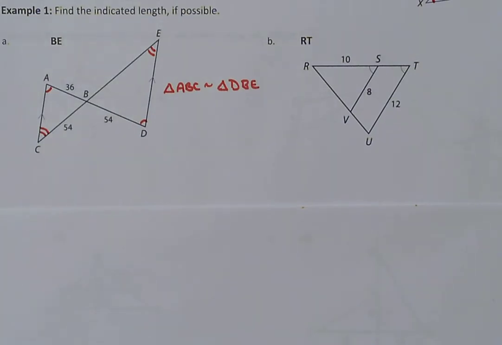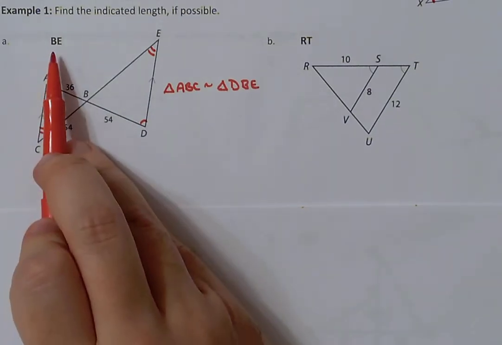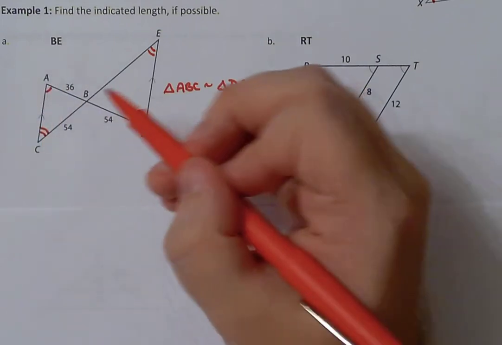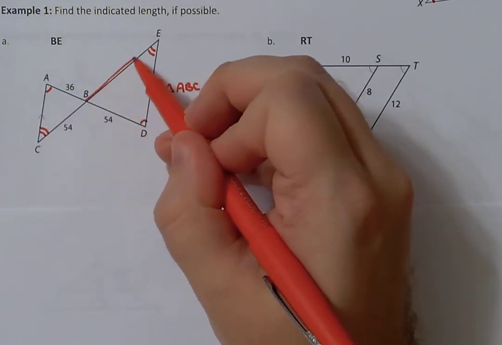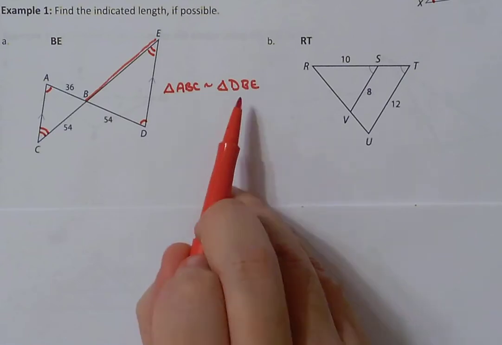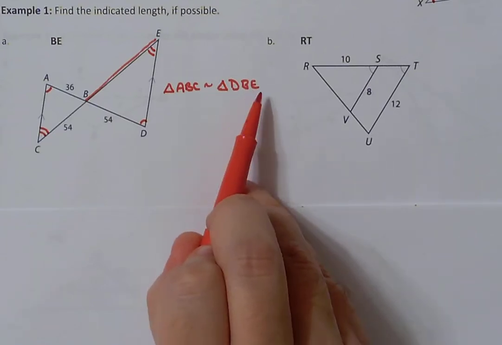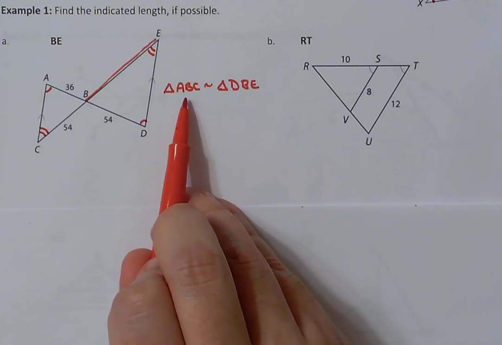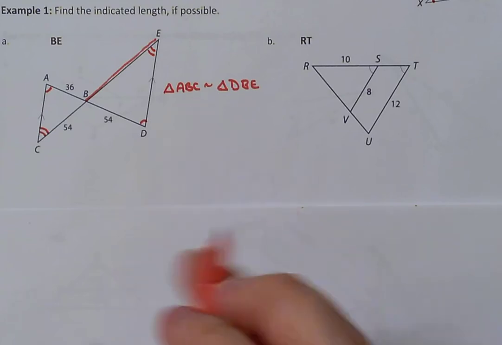Now that I know that, we need to figure out the length of BE. BE is this side length right here, and that is our goal. BE is the last two letters of the second statement, so the last two letters of the first statement are BC.